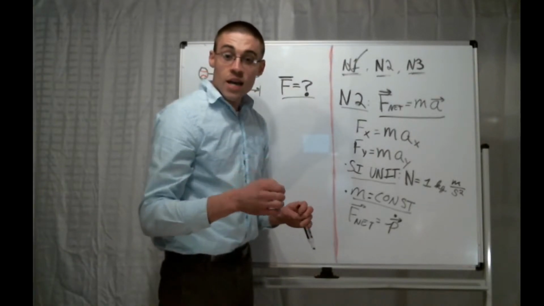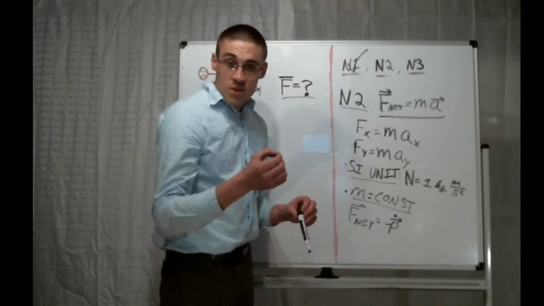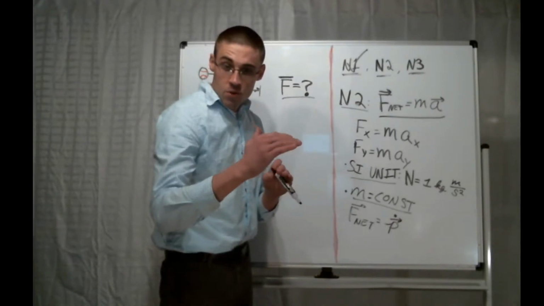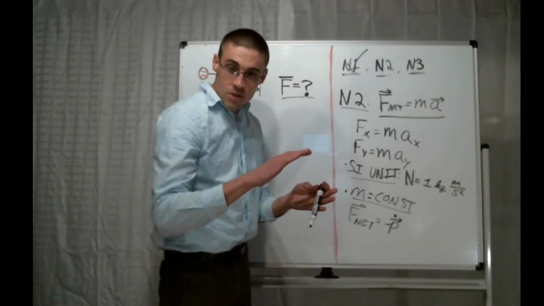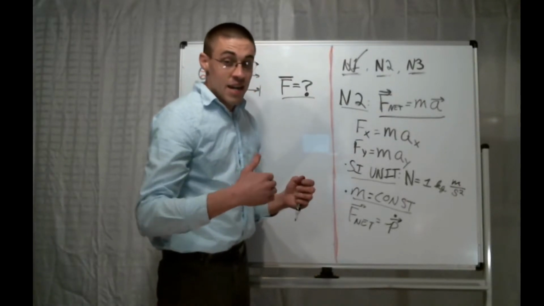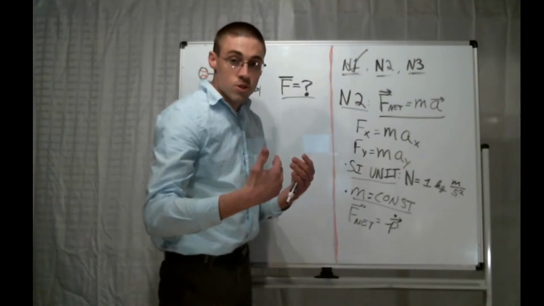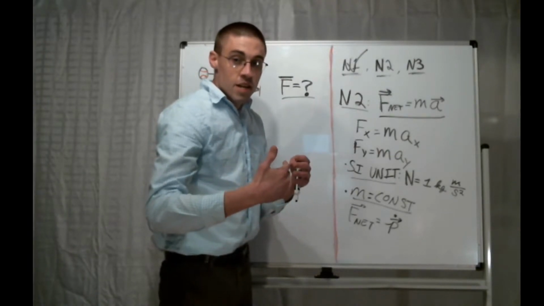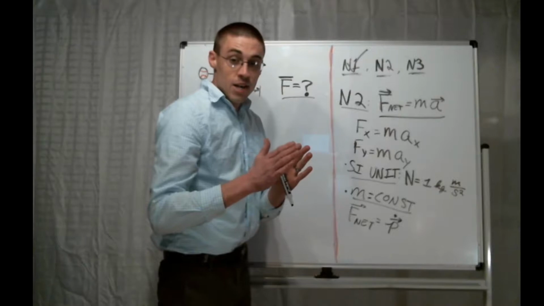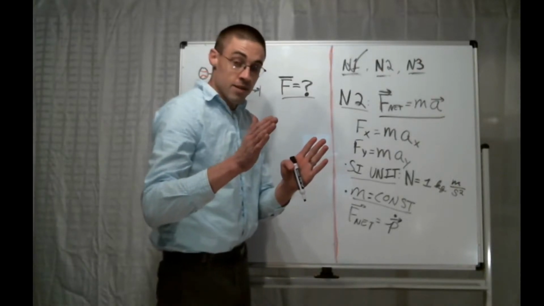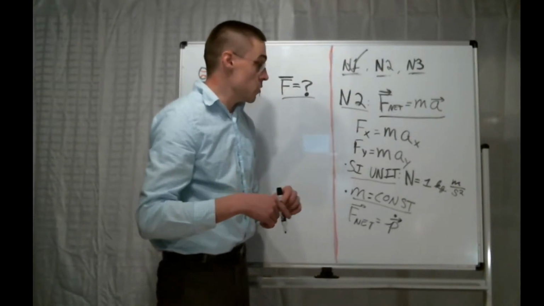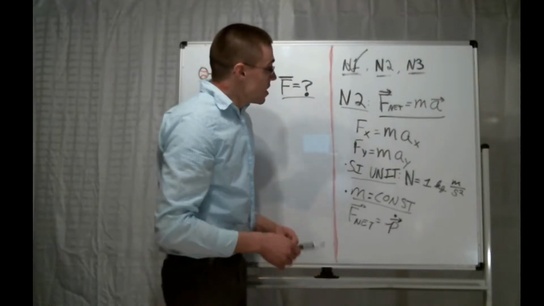One of the reasons why we have this special limitation that you have to talk about things that are moving slowly compared to the speed of light is because when things start to approach the speed of light, those two definitions of mass actually become two different mathematical things. So it's kind of interesting.